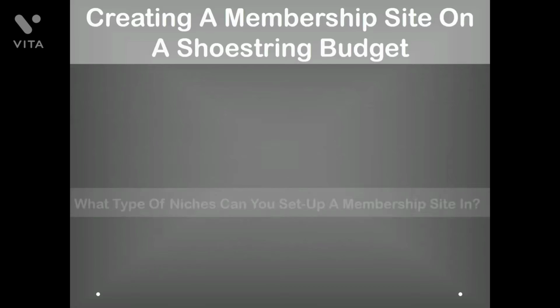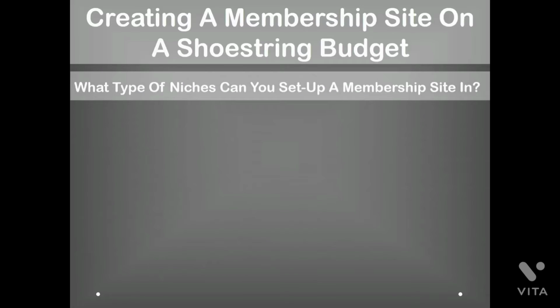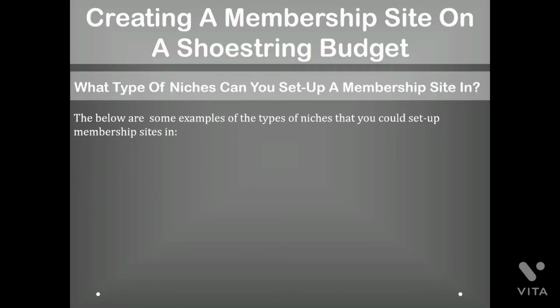What type of niches can you set up a membership site in? Certain types of niches are simply made for a membership style structure, typically niches with a huge number of potential topics. Below are just some examples of the types of niches that you could set up membership sites in.